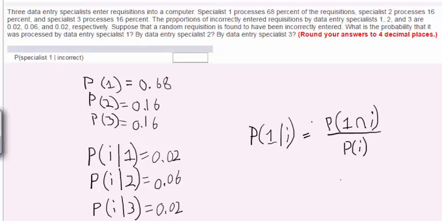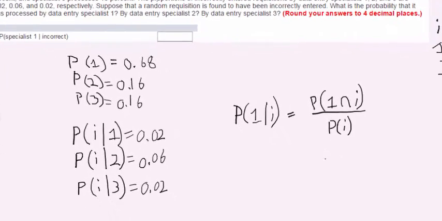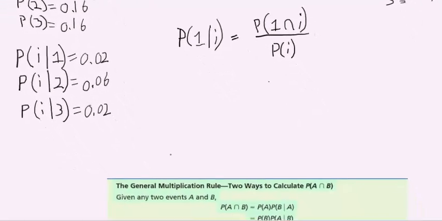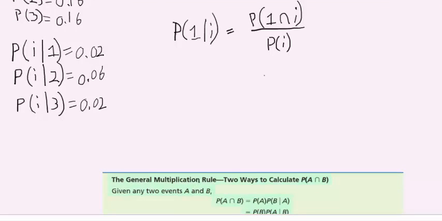Let's take a look at this top piece. This is going to be a little bit easier to calculate, but notice that we don't have either of these pieces that we need for the formula. So we're going to have to construct those. I copied and pasted the general multiplication rule for any events. This is also on your probability rules handout, but it's easier to refer to here. If we want to compute a joint probability, we can do that in both of these ways.